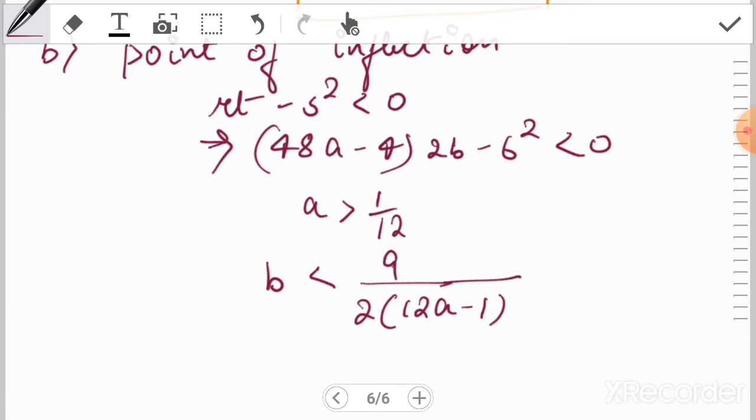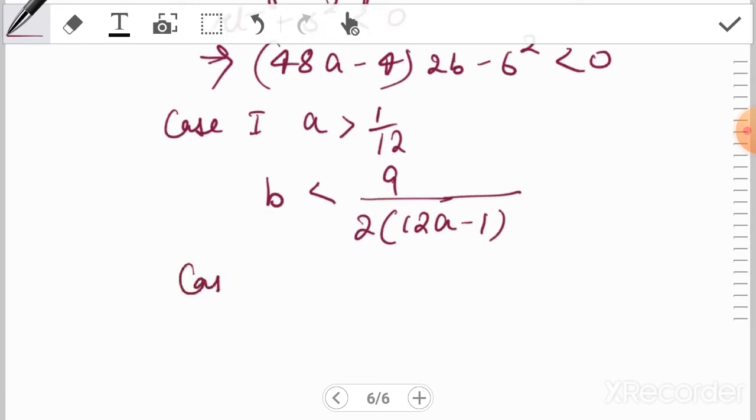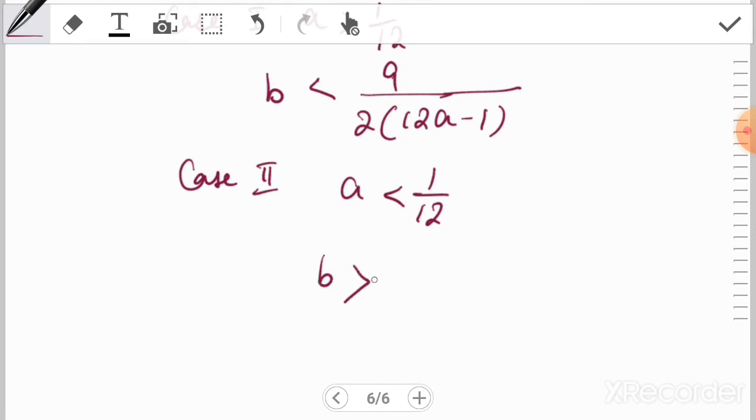Okay, so this was case 1: if a is greater than 1 by 12, then b should be less than 9 by 2(12a minus 1), and case 2: if a is less than 1 by 12, then b will be greater than 9 by 2(12a minus 1).